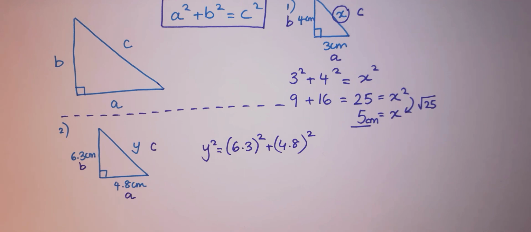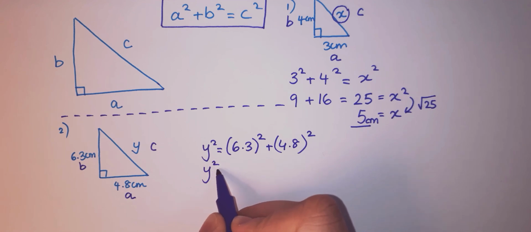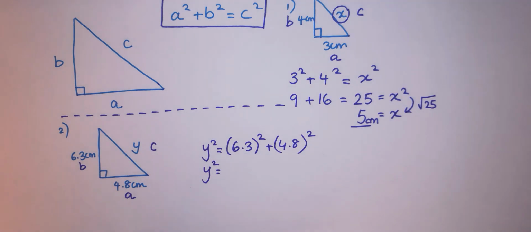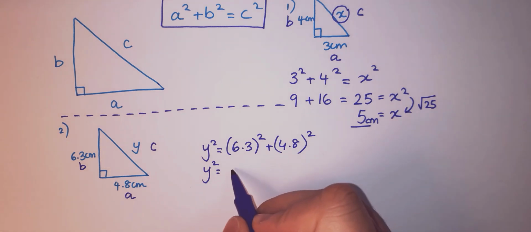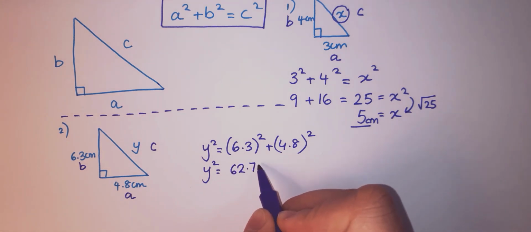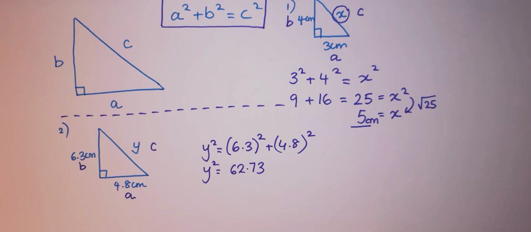Now, the next thing that we do is work out what this is. And once you put it into your calculator, you will get 62.73. Now, that's the value of y squared.